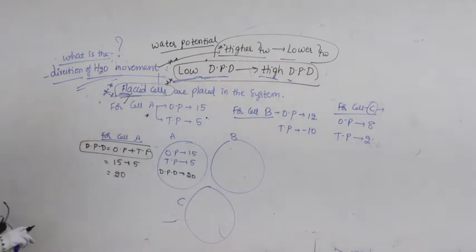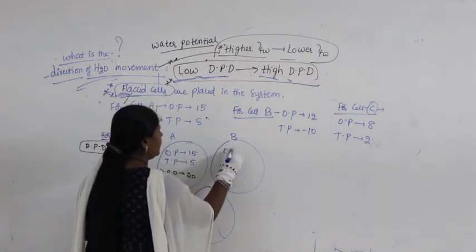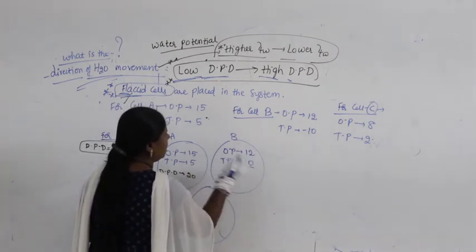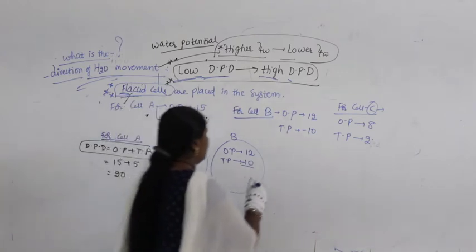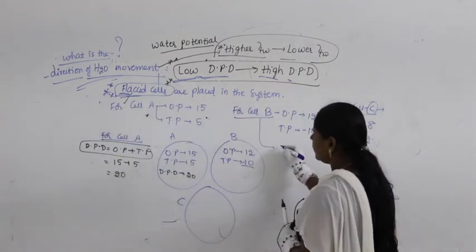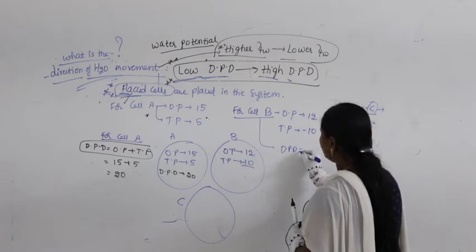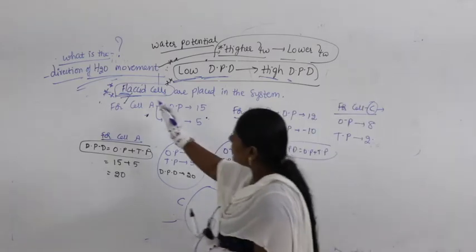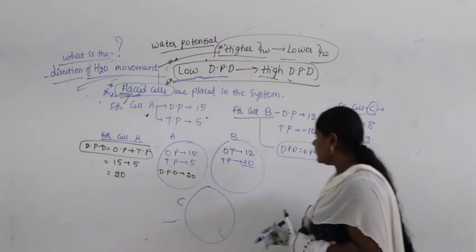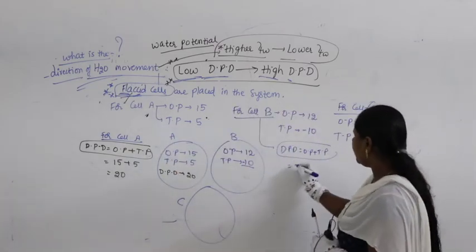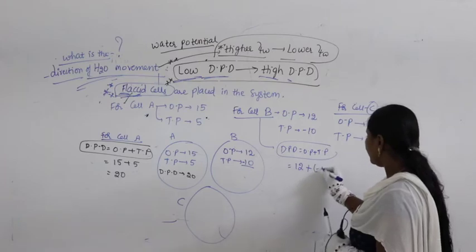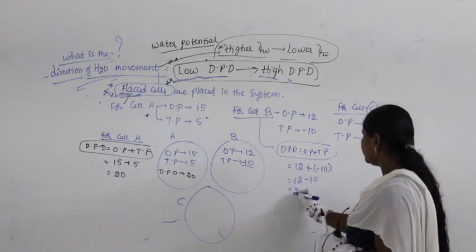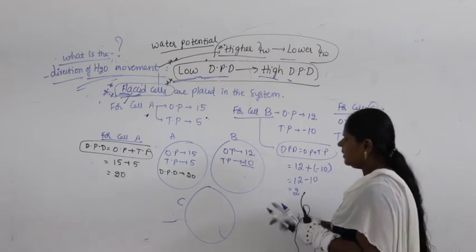Now coming to B cell here, OP is 12, TP is minus 10, remember. Now what is the DPD? So for cell B I am writing same formula, DPD is equal to OP plus TP. Why? Because all cells placed in the given system are placid cells. So for cell B what you will write? 12 plus minus 10, then 12 minus 10, then how much you will get? 2. So what is the DPD value here?